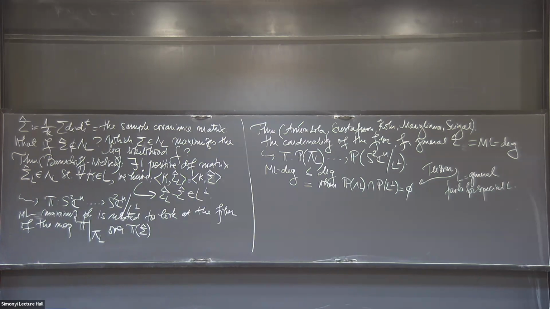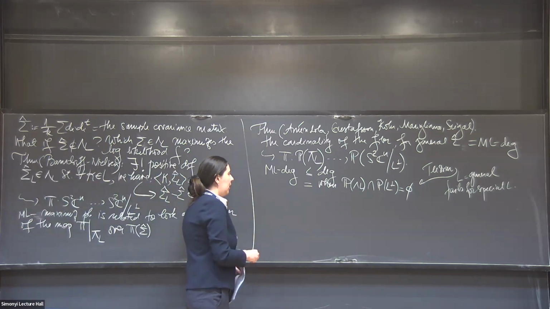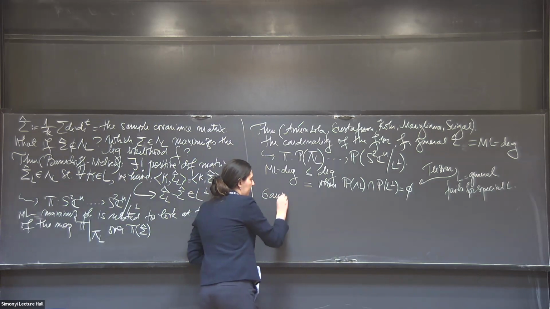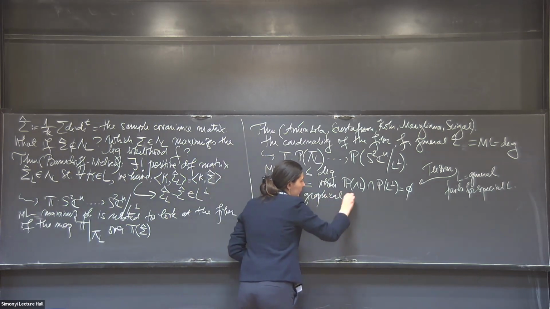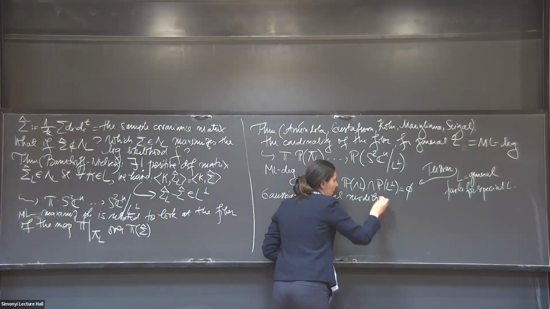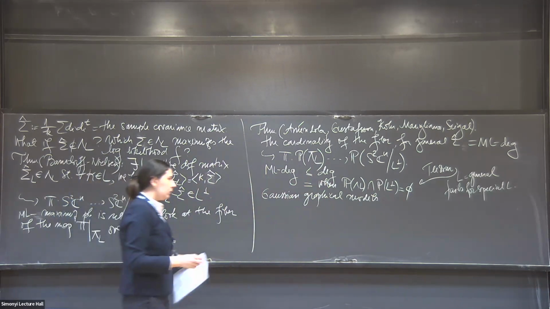I was saying that of particular interest are the Gaussian graphical models, where a graph encodes the space.